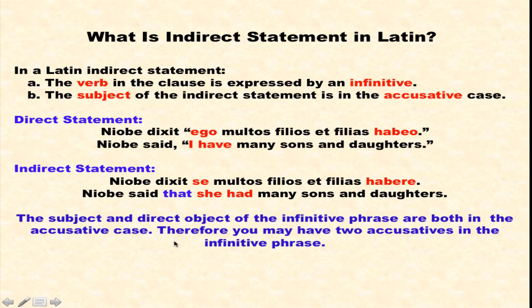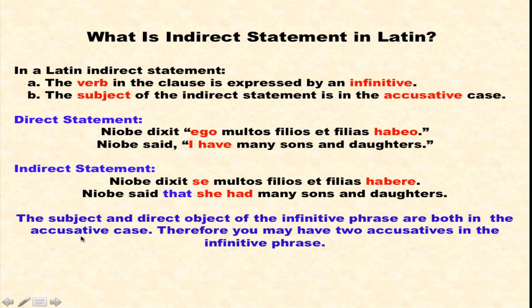The subject and direct object of the infinitive phrase are both in the accusative case. Therefore, you may have two accusatives in the infinitive phrase, the infinitive phrase being that indirect statement part here. Notice in this particular one, we have all kinds of accusatives. Multos filios et filias, in fact, doesn't change from the direct statement to the indirect statement. Nothing changes except the subject and the verb.